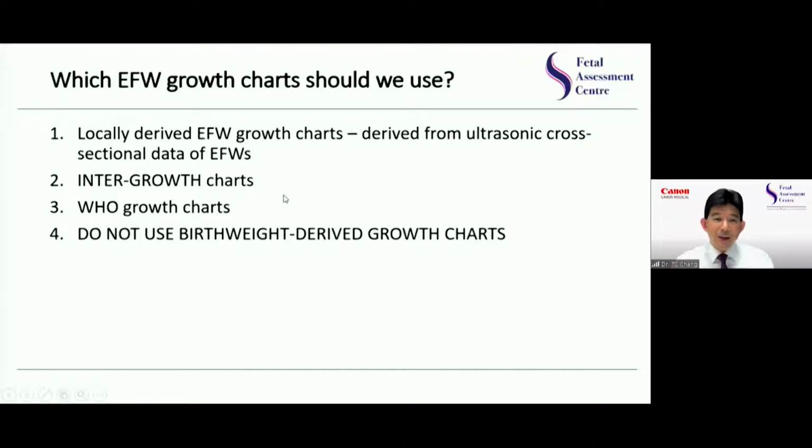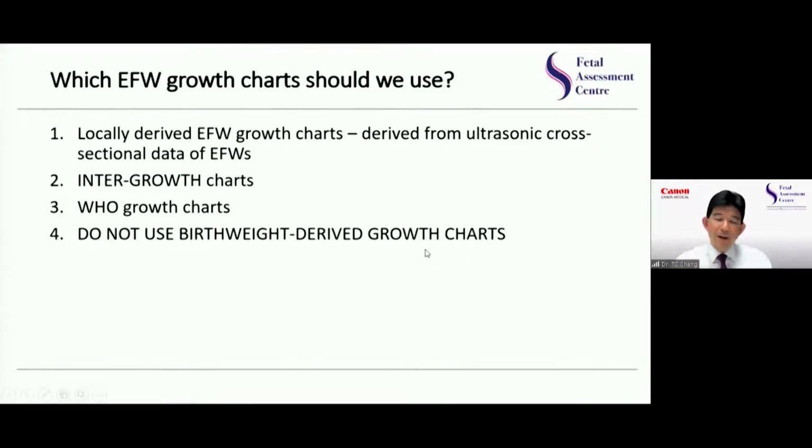So it's not what I believe, but there's enough evidence to suggest that locally derived growth charts are important, and they should be derived from your obstetric population, from the ultrasonic data, cross-sectional data of estimated weights or biometry that you've obtained from your population. I'm not particularly keen or believe that you should be using intergrowth charts which are published, or the WHO growth charts, and I'll show you some data to suggest why not.